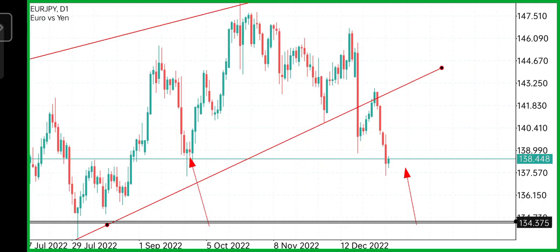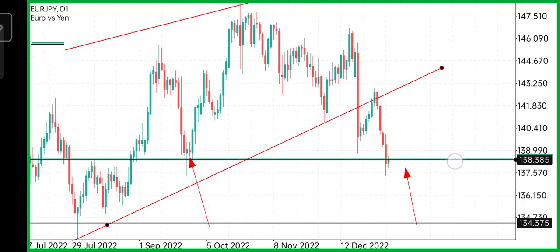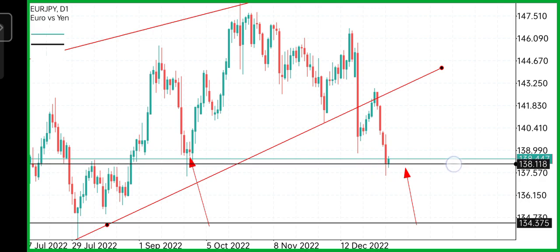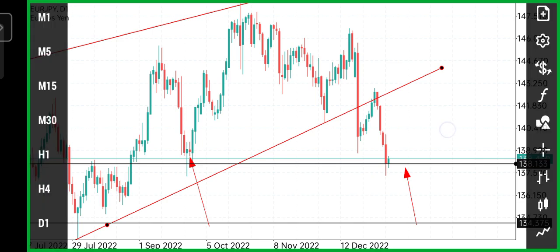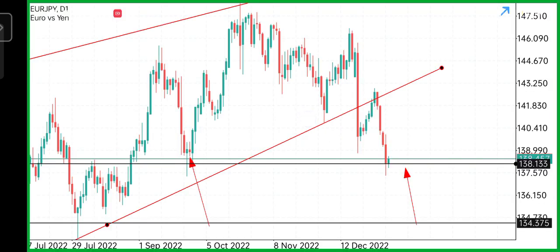You know, so like this. Basically, you can see there are high possibilities that the market can literally go up, because history tells us that at this level of 138, 133, there is a reversal.